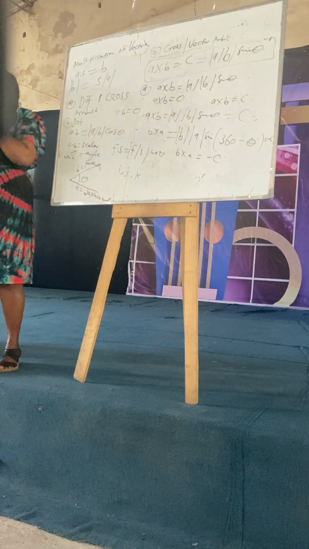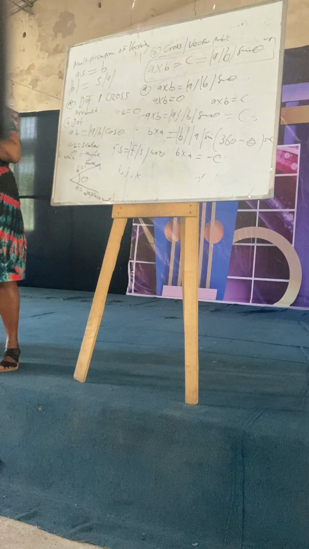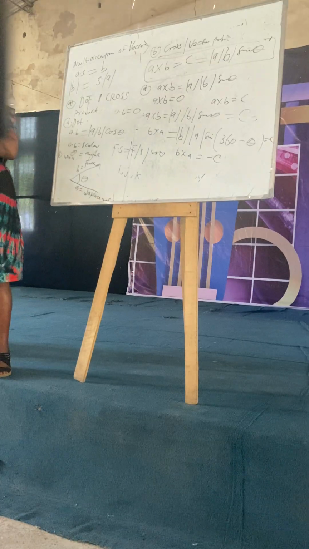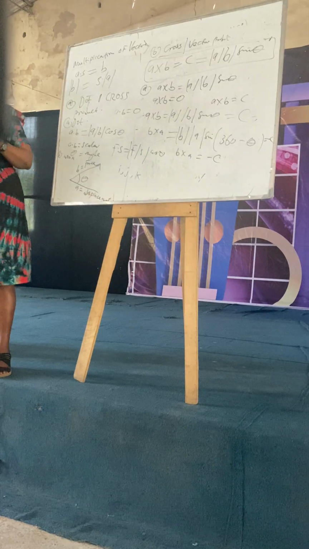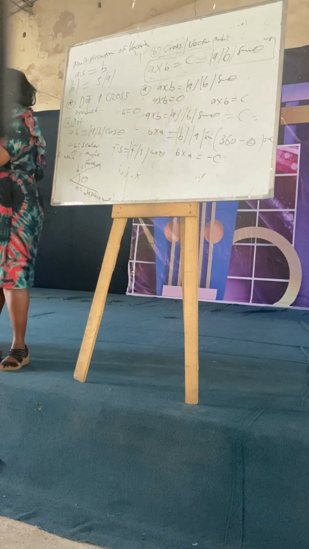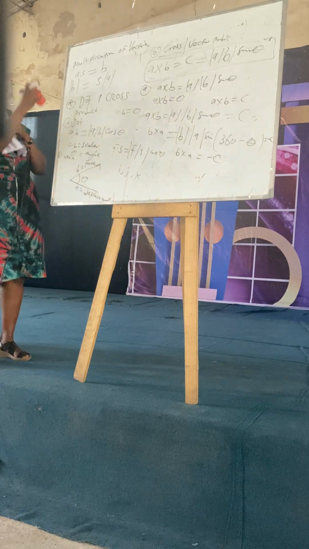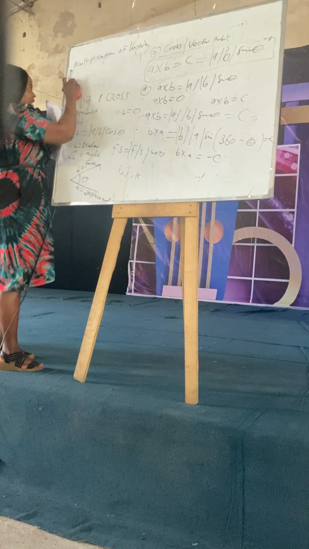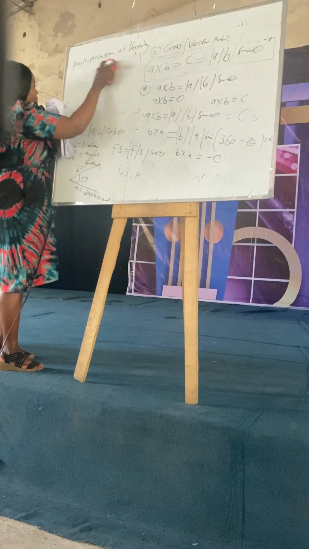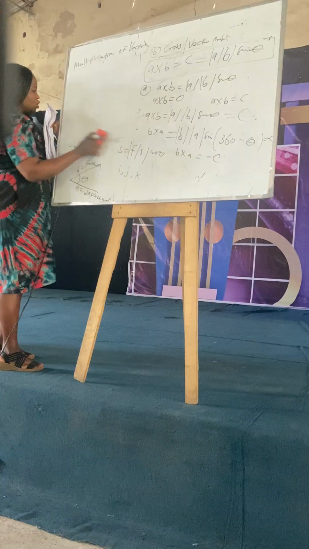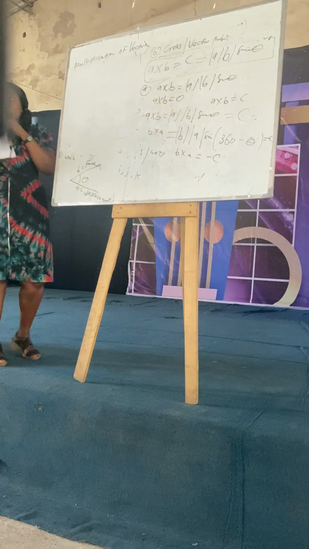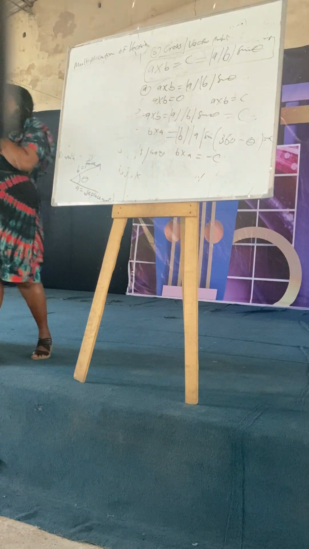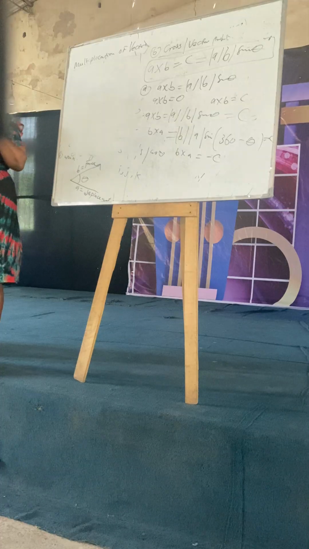So I want to talk about vectors in 2 dimensions. Let's use a right angle triangle when we are talking about 2 dimensions. We have only the X and the Y direction.